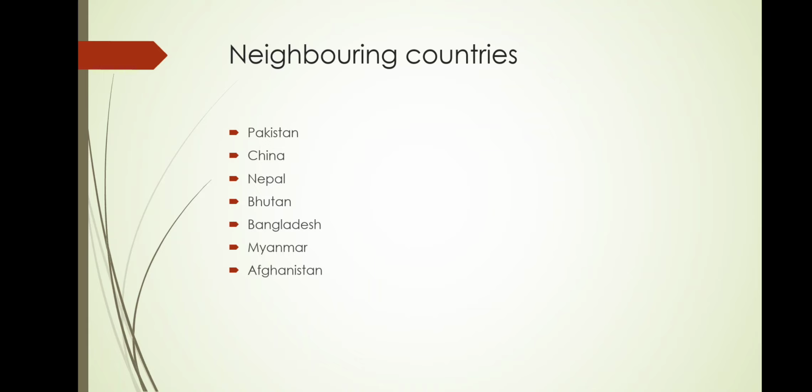Please learn the small details about these countries, because it is very important to be updated. Next is China. China's capital is Beijing, and the president there, you learned all this in the democracy chapter also, is Xi Jinping.